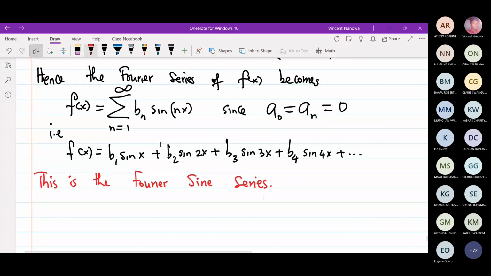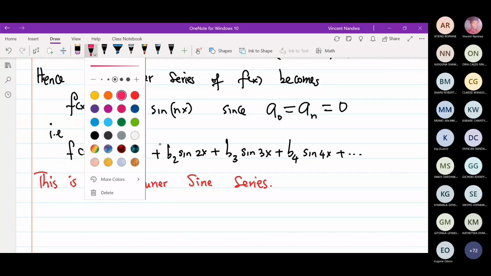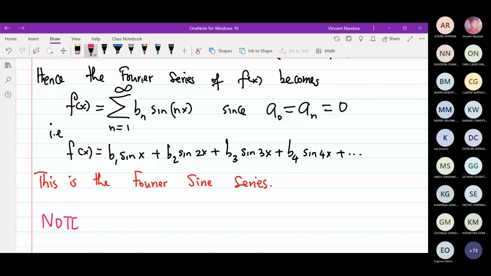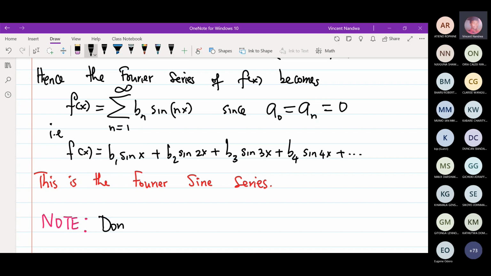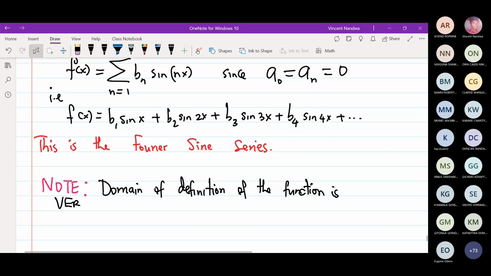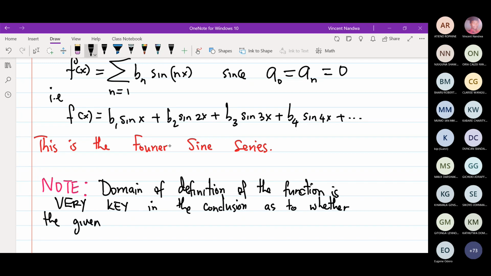For instance, before you reach the conclusion that you are going to define a Fourier cosine or a Fourier sine series, note that the domain of definition of the function is very key in the conclusion as to whether the given function is odd or even.